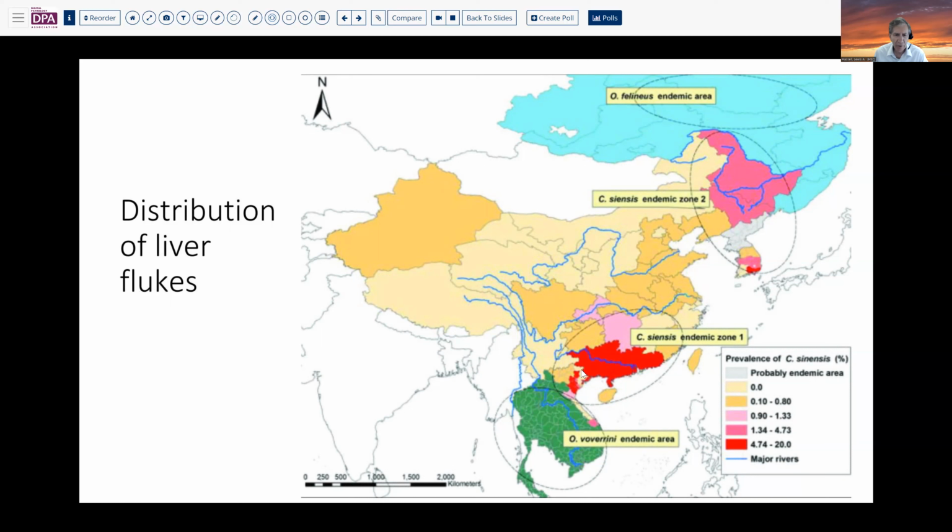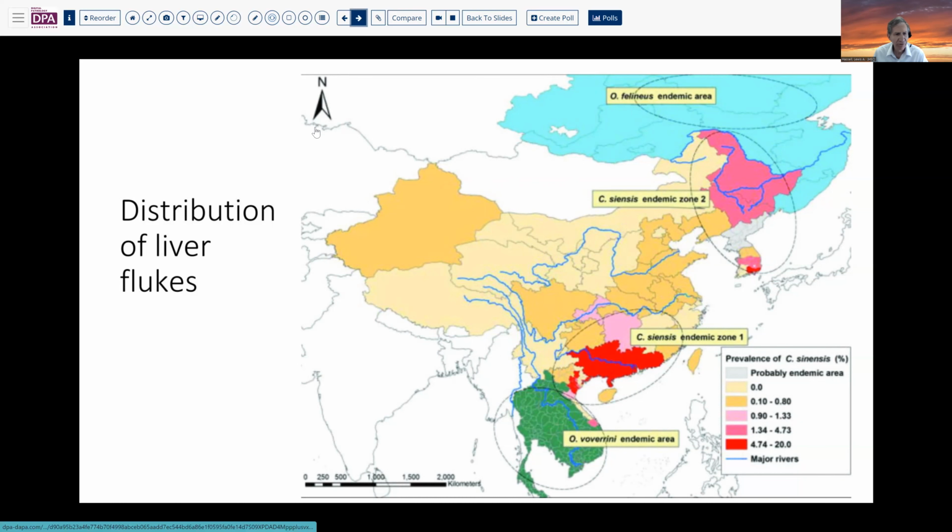And so our high-risk areas would be southern China, portions of northern Vietnam, and areas of Korea, but other broad areas of China also can be quite heavily infected, as can even areas of Mongolia and far eastern Russia. And of course, as you see here, Clonorchis sinensis is the most frequently encountered one, but other species of Opisthorchis can be found in other locations as well.